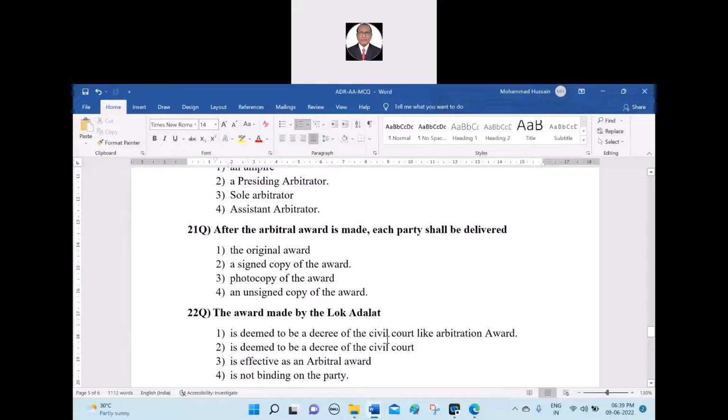22nd question. The award made by the Lok Adalat, number 1, is deemed to be a decree of the civil court like arbitration award. Number 2, is deemed to be a decree of the civil court. Number 3, is effective as an arbitral award. Number 4, is not binding on the party. Number 2, sir, is deemed to be a decree of the civil court.